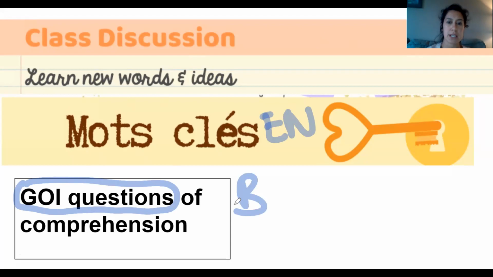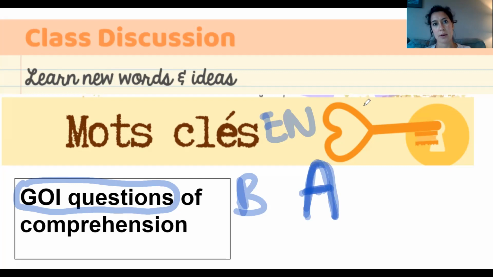Some of them are at beginner level. You can do those pretty quickly. And then there's maybe one or two advanced, maybe just one at this point, which is advanced. And so this is more where you're going to be writing sentences and writing in French. So check the instructions on each one. Go ahead and pause the video, do that, and then come back.